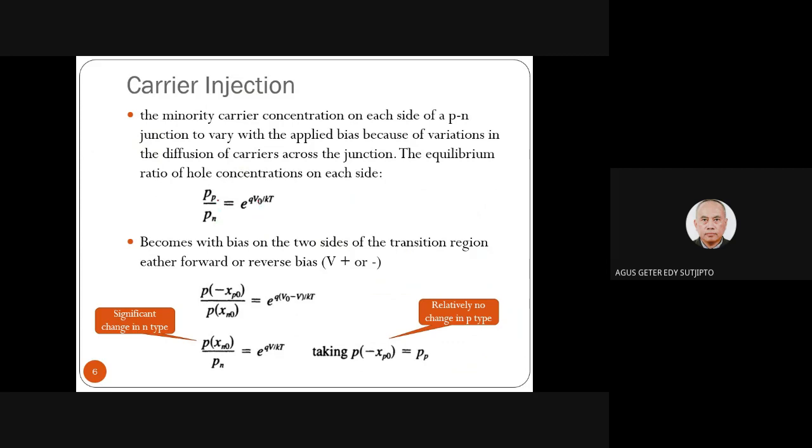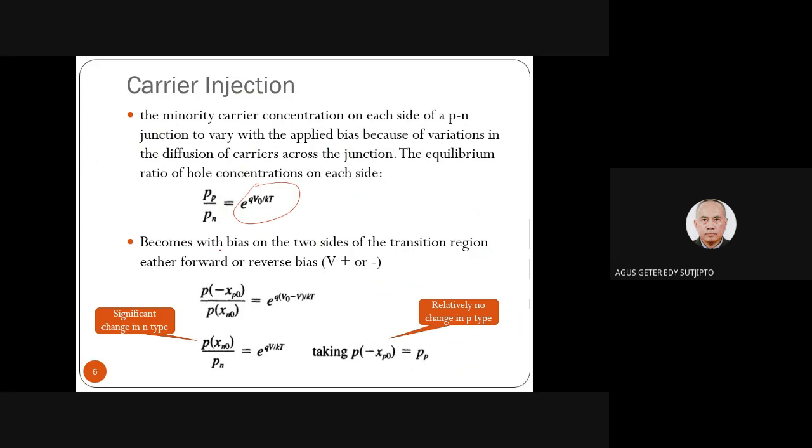The value of the ratio is given by this equation, which we derived last time for the equilibrium state. The minority carrier concentration on each side of the PN junction varies with the applied bias voltage, because of the variation in the diffusion of carriers across the junction.